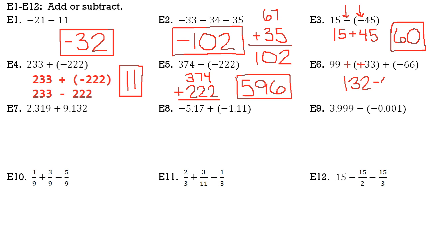And then you could either treat it as 132 minus 66, or again, some teachers emphasize the fact that you're really just adding a negative. These are all the same thing. It doesn't matter a lot to me as long as you get it right. If you look at it from the money perspective, if you have $132 and you spend 66, you still have 66 left. So you have spent half of your money. You've got the other half left.